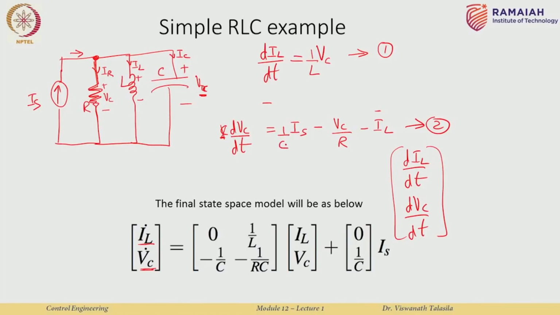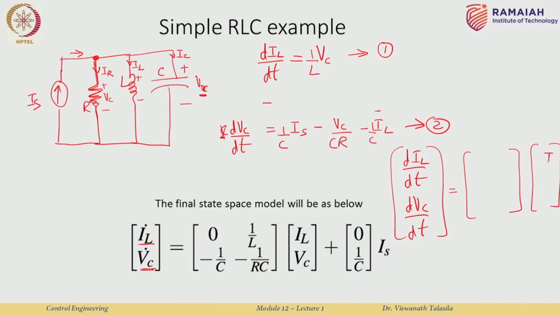So, that is 1 over C IS, 1 over C times R, and 1 over C times IL.